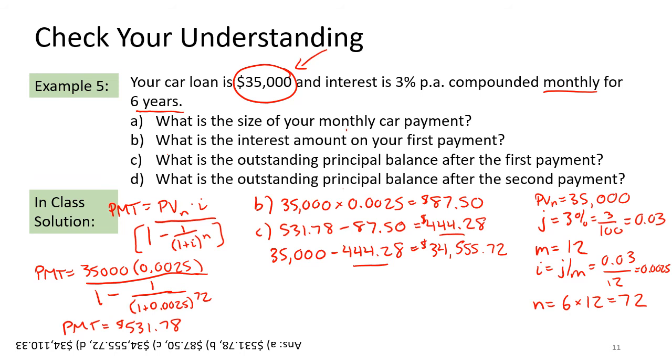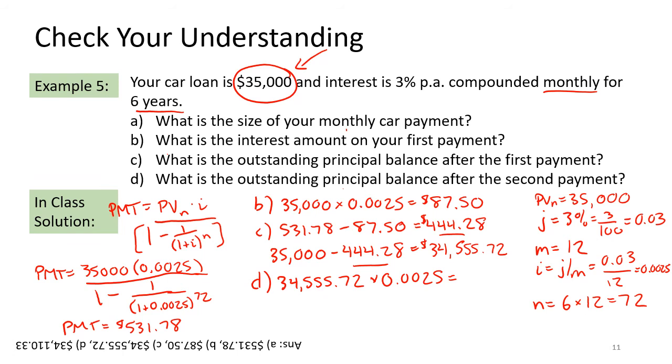So now part D, okay, what about your second payment? All right, so on part D, our interest, again, it's the same calculation as part B, except we have to use the amount that's remaining on our current loan. Okay, so we've made our first payment, and our second payment, our interest, would be $34,555.72, or how much we have left on our principal now, multiplied by that same periodic interest rate, 0.0025.